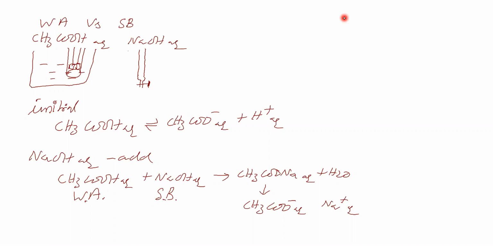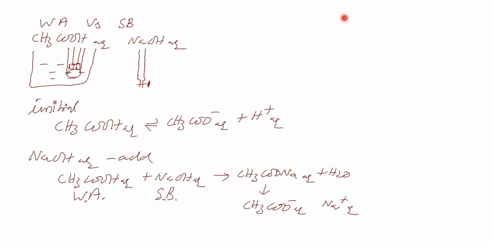Now let us think here. Initially, you see the number of moles of ions. In this vessel you have taken acetic acid solution. You are adding a certain volume of sodium hydroxide solution into this, so a chemical reaction takes place.